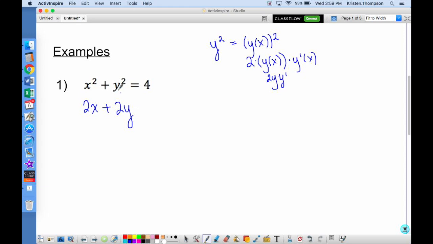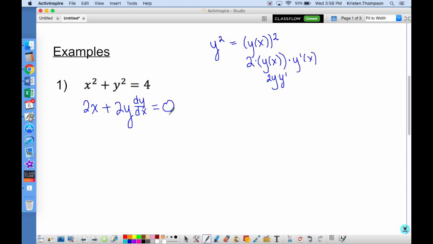However, because we're taking the derivative of y with respect to x, we're going to tack on dy dx, or y prime. You're going to notice that I like to write dy dx as opposed to y prime, just because y to the first might be confused with y prime when it's in the middle of the function. So we took the derivative of the left, now we're going to take the derivative of the right. The derivative of a constant is just 0.